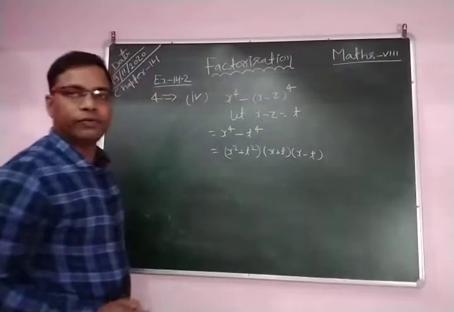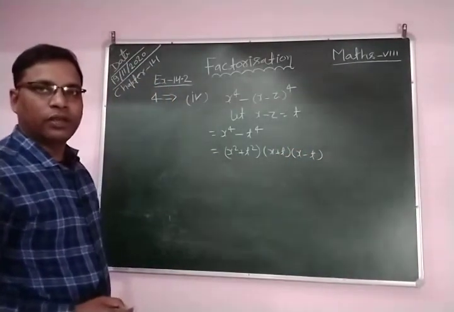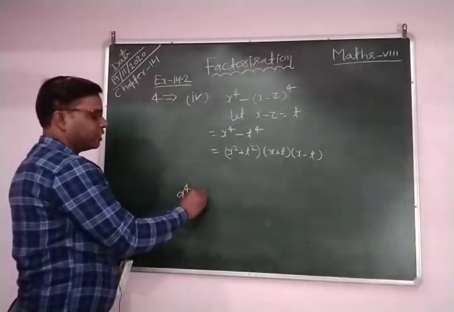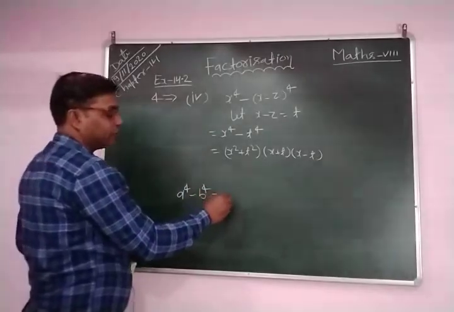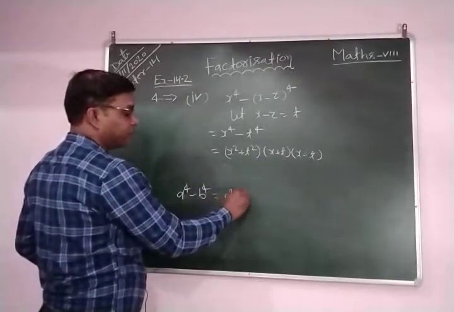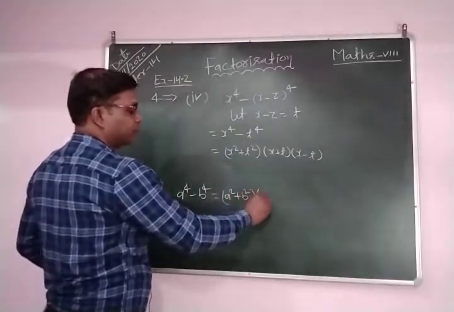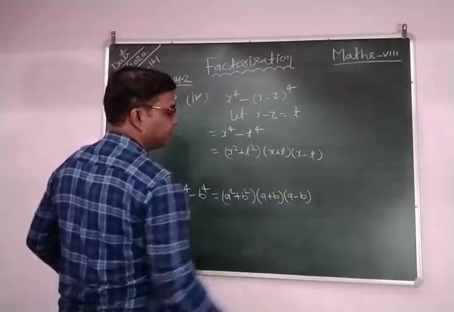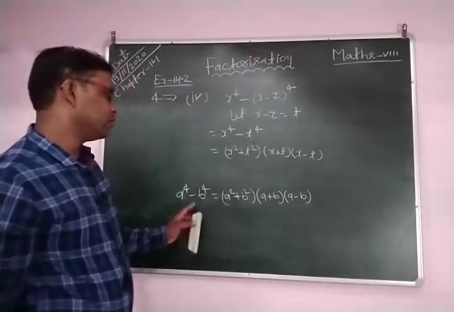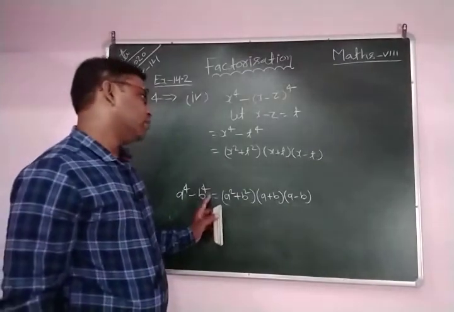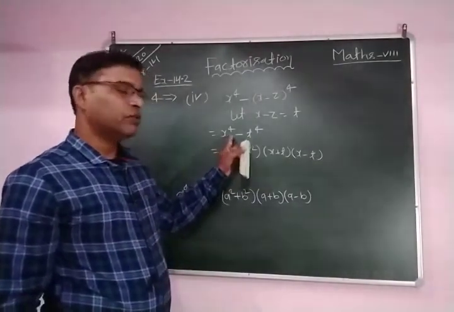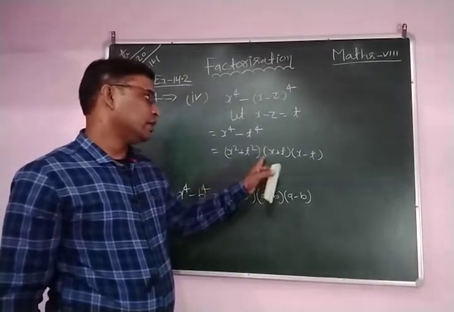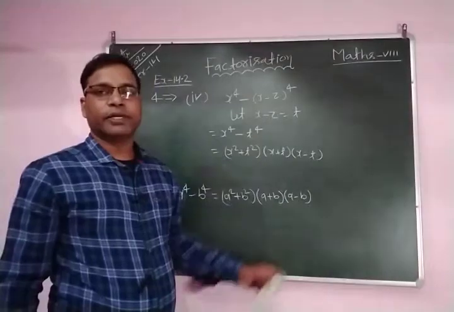Because you know very well the first part. What is the first part? The first part is a power 4 minus b power 4, which is equal to a square plus b square into a plus b into a minus b. Clear? So according to this formula, x power 4 minus t power 4 is equal to x square plus t square, x plus t, into x minus t.